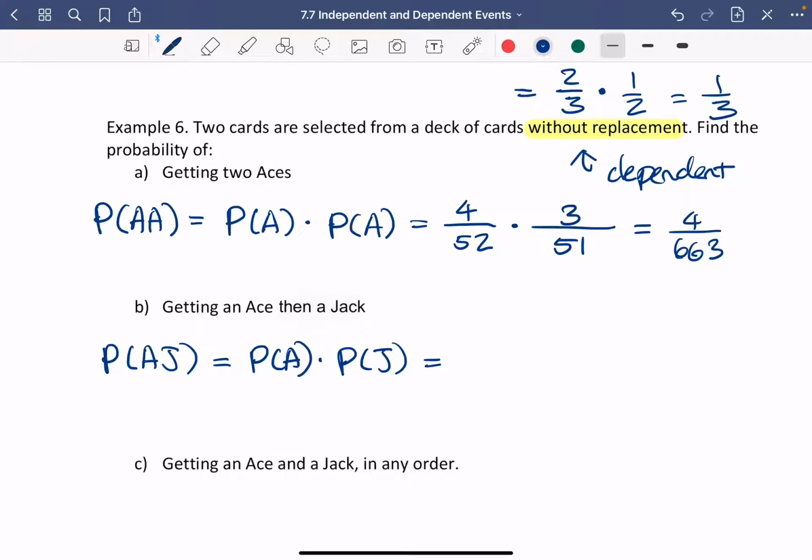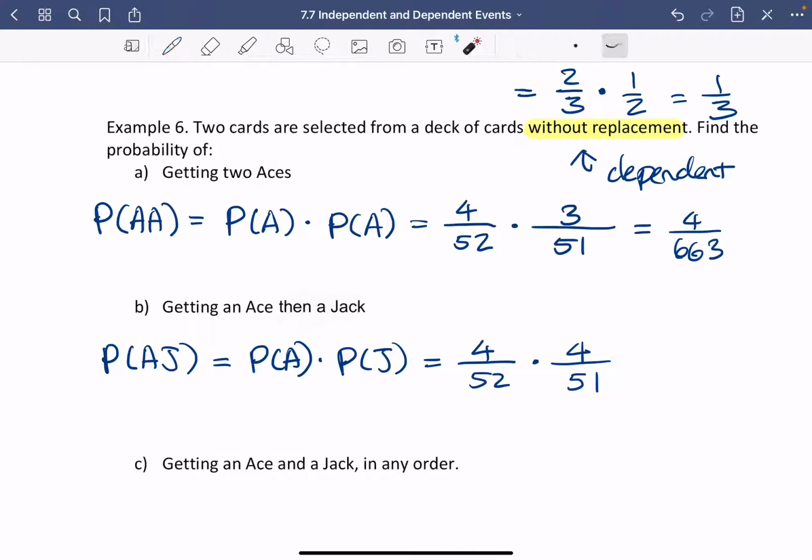Well, to get an ace, we have 4 A's in total in the deck of 52 cards. And how many jacks do you have? We'll have 4 jacks, but this time it's the second time you pick, so you pick the jack after you've picked the ace. Now, since you've picked the ace already, the deck of cards will become 51, not 52 anymore, because you're not replacing the ace back into the deck.